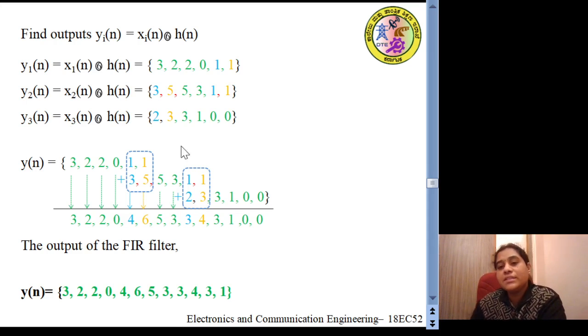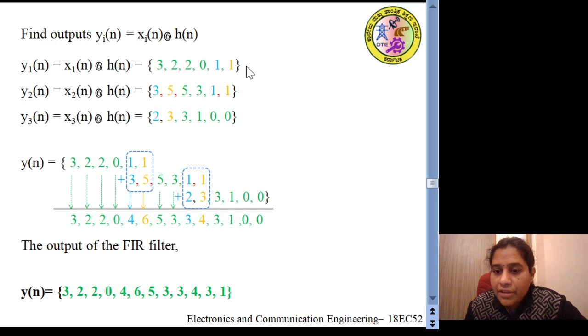And here also you can see the colors of these samples. Samples in green color we keep as they are, and the others, with corresponding colors, are added here. Before that, we keep the blocks one below the other such that the last M minus 1 samples of the previous block are merged with the first M minus 1 samples of the next block of output. First, y1 of n we keep as it is: 3 2 2 0 1 and 1.